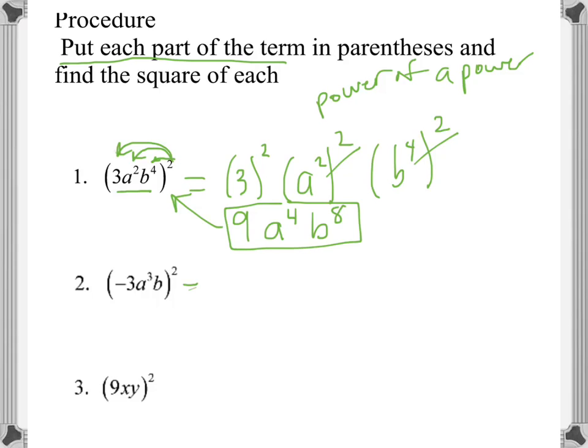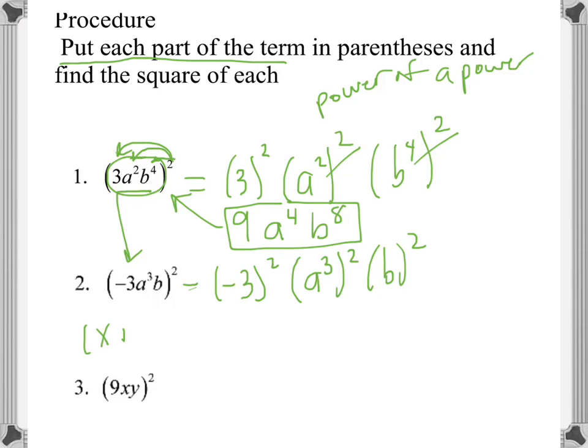Okay, in the next one, it's almost identical, except the coefficient here is negative. So again, I want to put them each in their own parentheses here. Okay, notice that this thing is a monomial. It's not a binomial. If you have a binomial like x plus 4 quantity squared, you can't just distribute the 2 in.